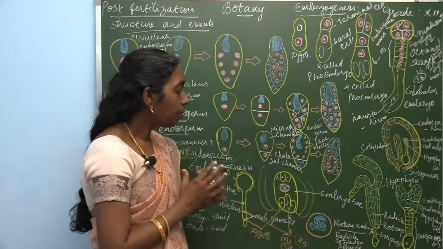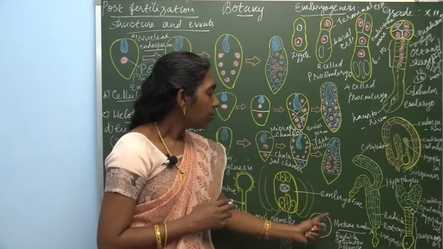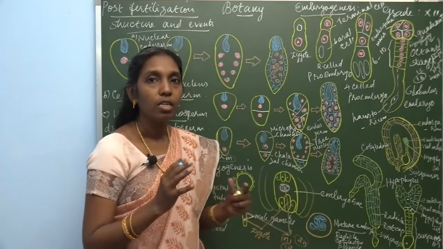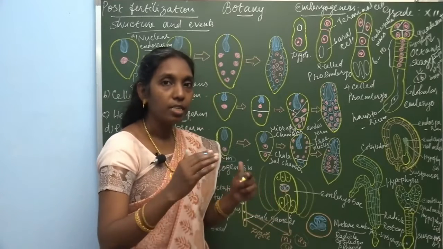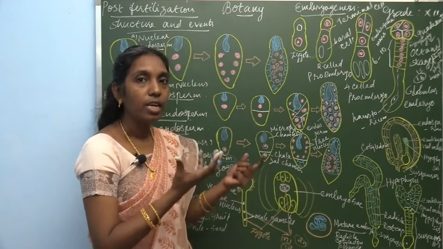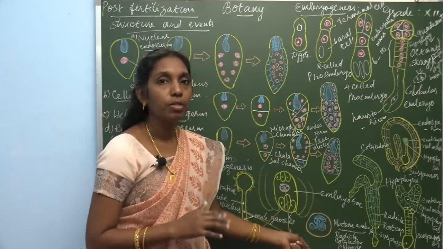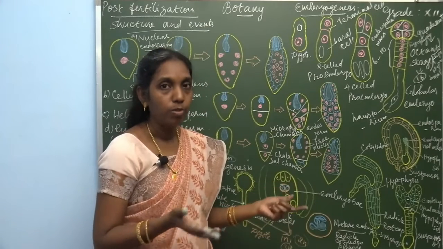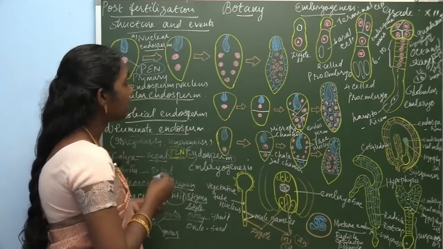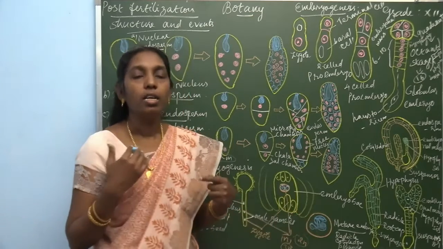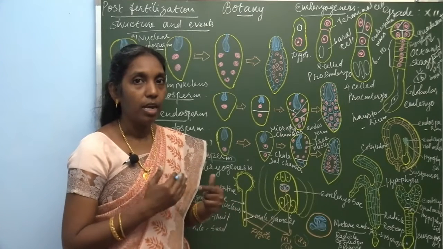Based on this, in some species there are two types of seeds. When the endosperm nourishes the embryo, sometimes the endosperm is consumed completely, so there will not be an endosperm. Such seeds are called ex-albuminous or non-endospermous seeds. Why is it named like this?